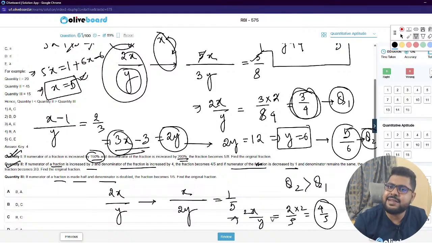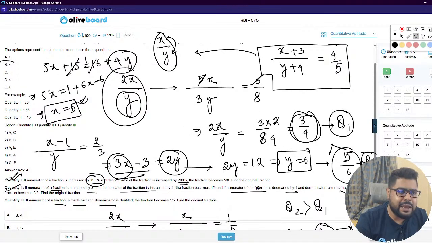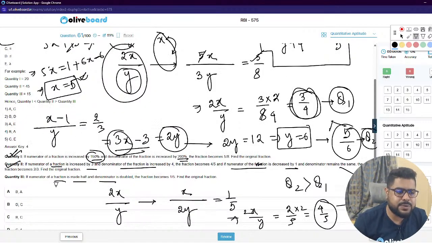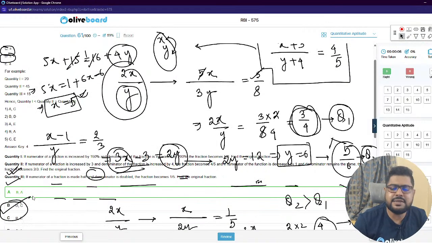Now again, sir, this is Q3. This is also greater. So again, Q2 is greater than this, greater than this. So the first option will be B, the second one will be A. BA is there in option number A. That is my answer. Perfect, sir.